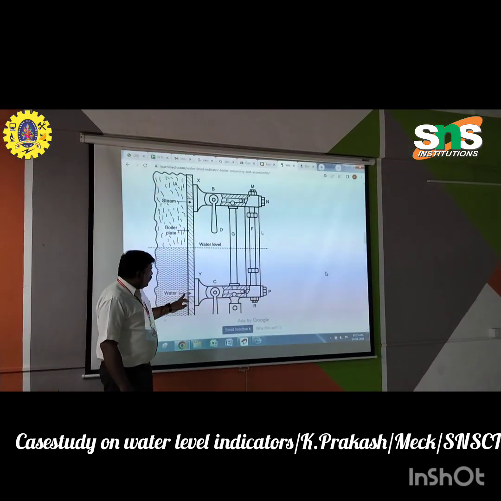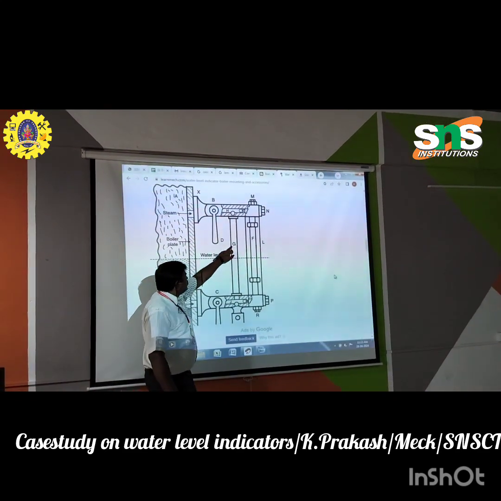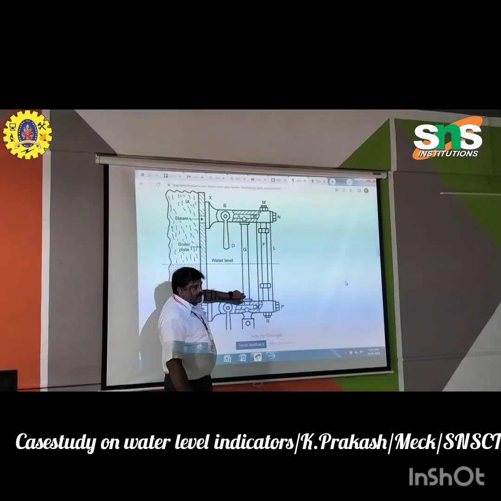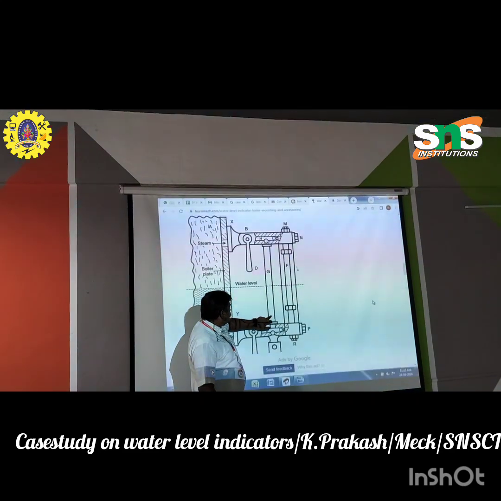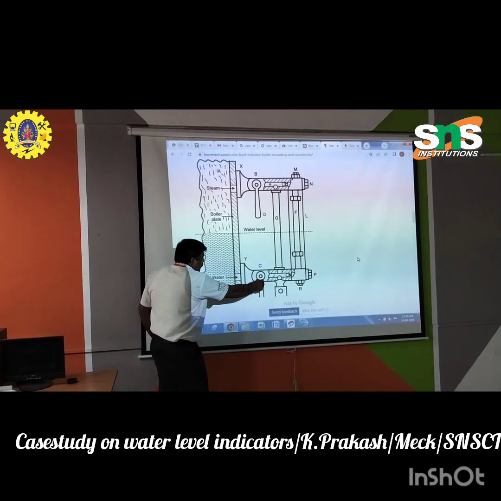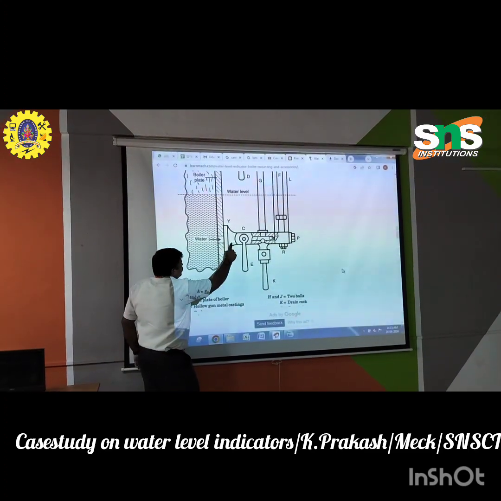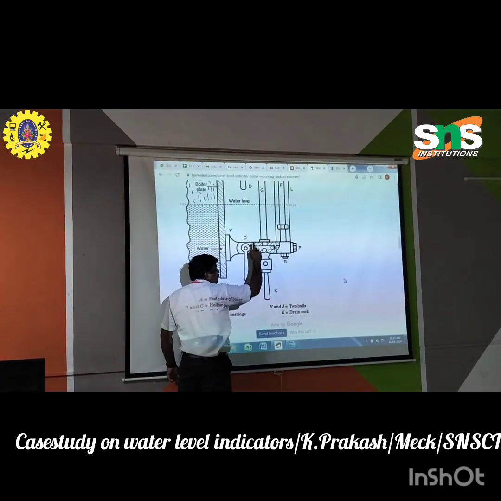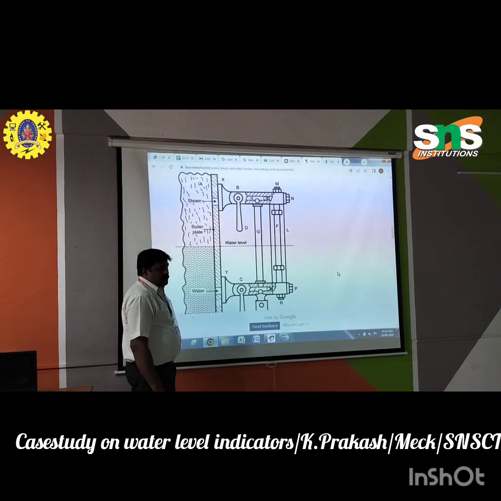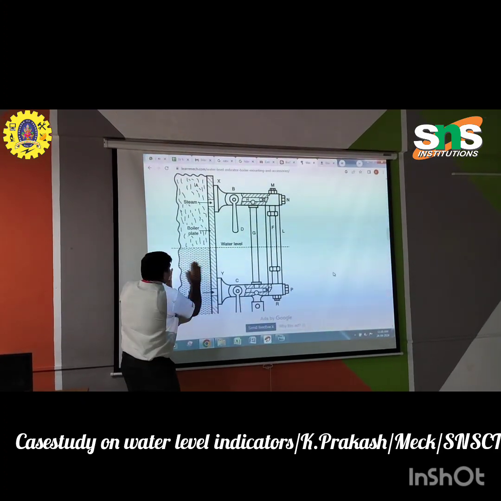In this water level indicator, this is a glass, made of glass. When the valve is open, the water enters this valve and comes upwards. This is inside the boiler.